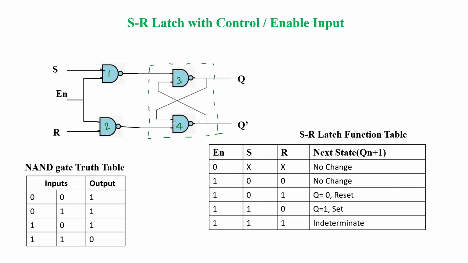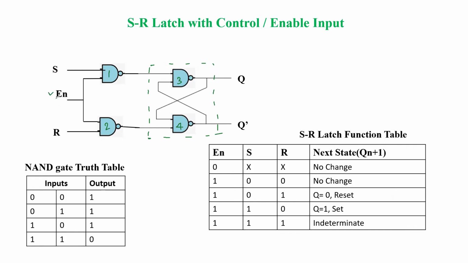If enable inputs are not there, the operation of this SR latch completely depends upon the inputs given to S and R. But here we can control it with the help of enable inputs.